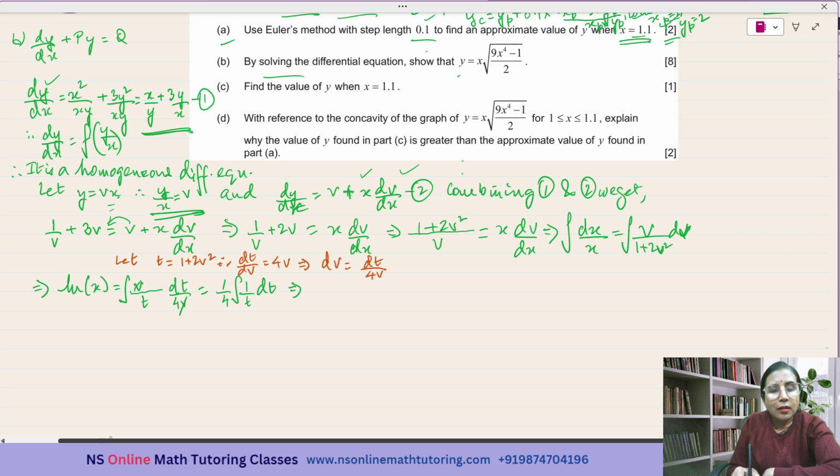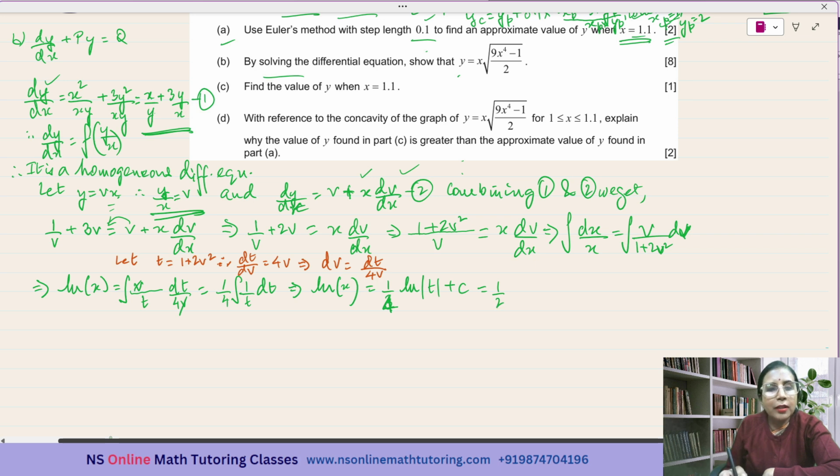So this is ln of x is equal to 1 over 4 ln of t, and of course there is the plus c. Don't forget the plus c. So this is 1 over 4.